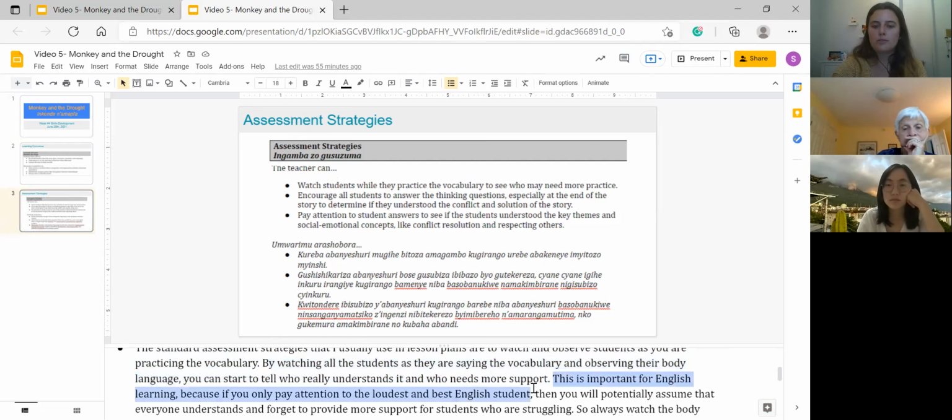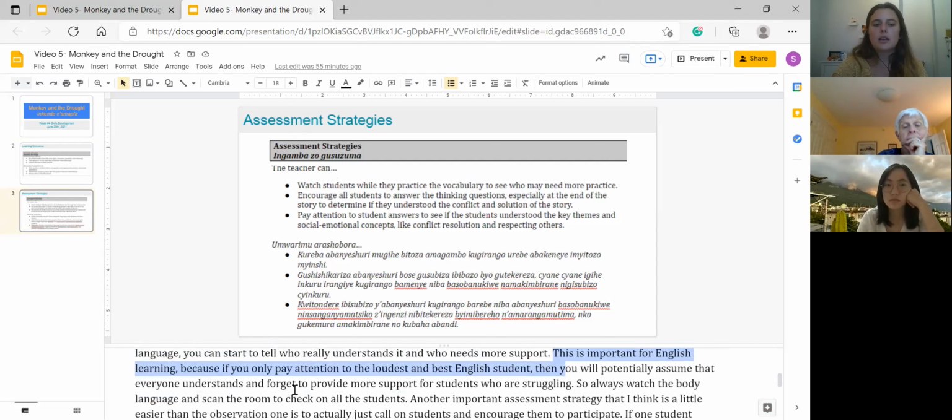This is important for English language learning because if you only pay attention to the loudest and the best English student, then you'll probably just assume that everyone understands and might forget to provide more support for students who are struggling.